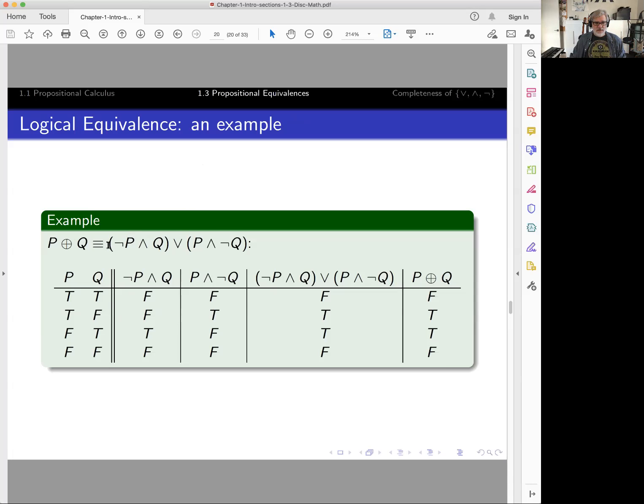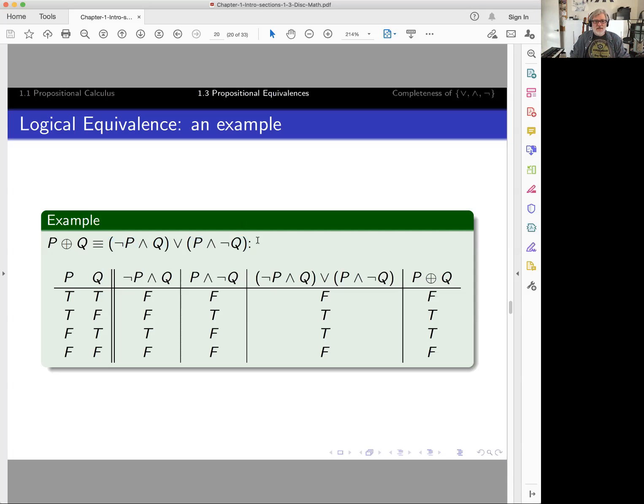The right-hand side here is an expression involving only or, and, and not. And I'm showing you that, in fact, the XOR can be expressed only in terms of or, and, and not. That's what I meant by, if you take any truth table whatsoever, you can find an expression involving or, and, and not that will give you that truth table. So this is an illustration of this for XOR.